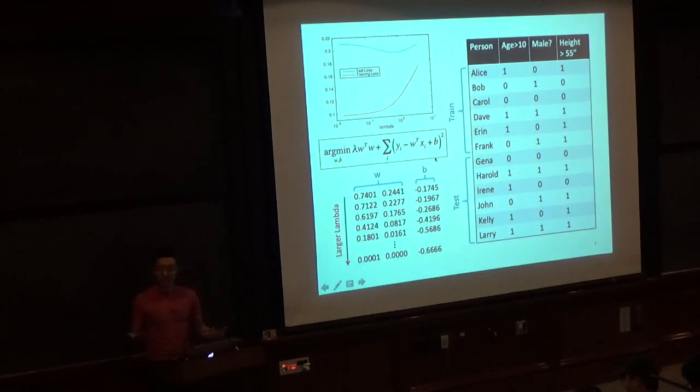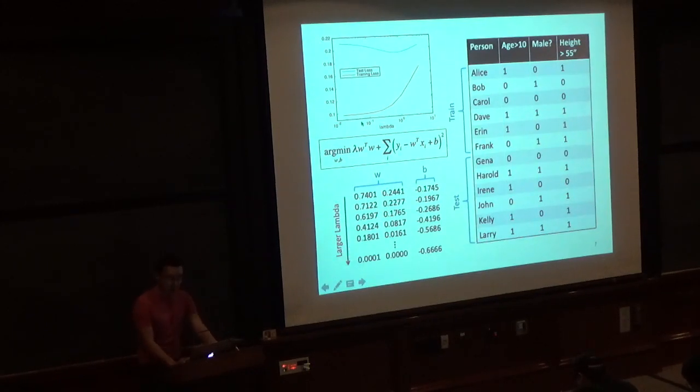Because ultimately, we care about only the right-hand side summed on the test set, which we don't have access to. That's ultimately what we care about. And so here I'm plotting the training error, so only the squared loss part of the learning objective, and the test error, only the squared loss part.